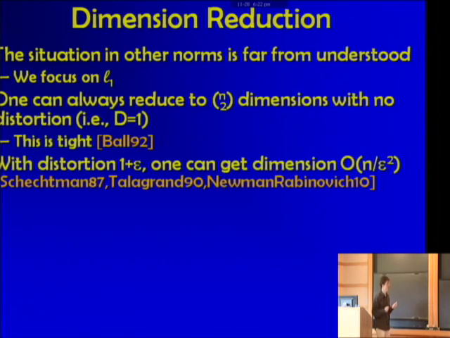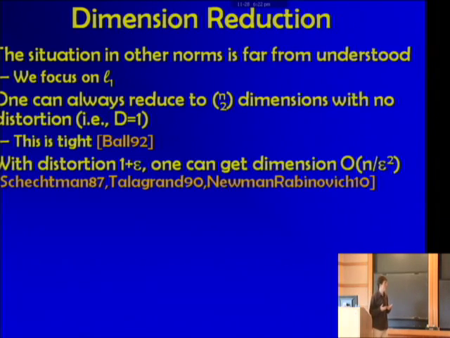This is currently the best known result: if you want distortion 1 plus epsilon, the dimension needs to be only linear, which is much better than the square we had before, so it's n over epsilon squared. It's only linear dimension, but it's not clear if this is the best you could do. Remember, in the setting of L2, you could get all the way down to log n dimensions. So you might hope the same would also happen here.